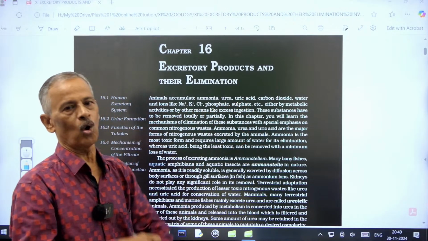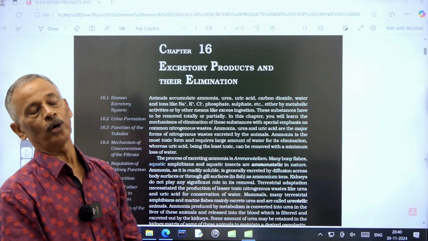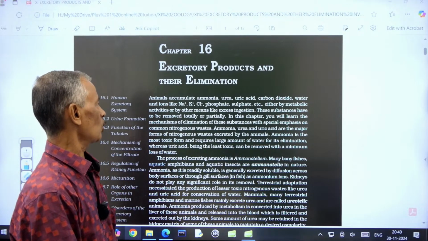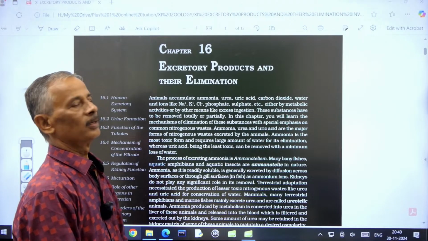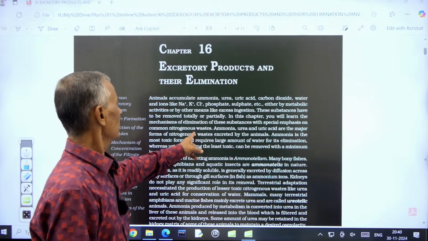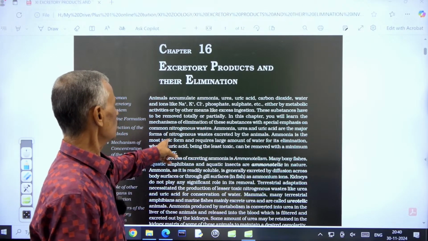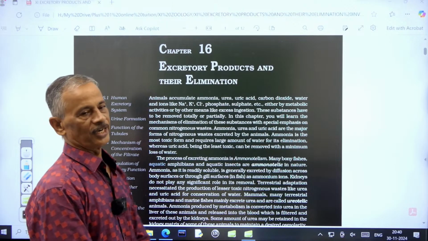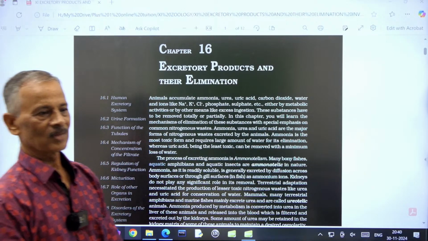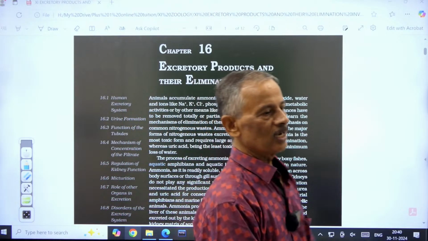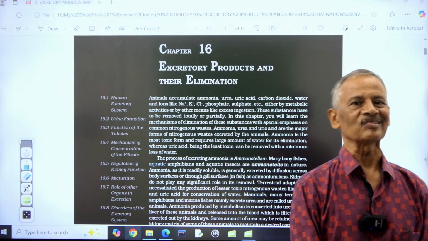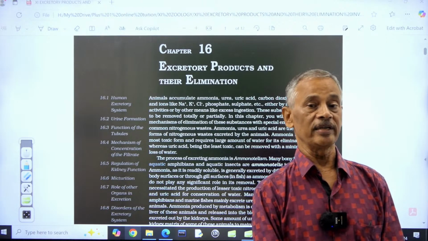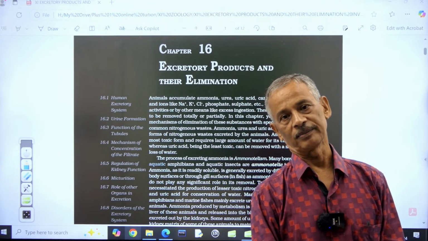So these substances have to be removed totally or partially from your body, and sending out of nitrogenous waste material is called excretion. Sending out of carbon dioxide, you will not be calling excretion. Sending out of nitrogenous waste material is generally called excretion.